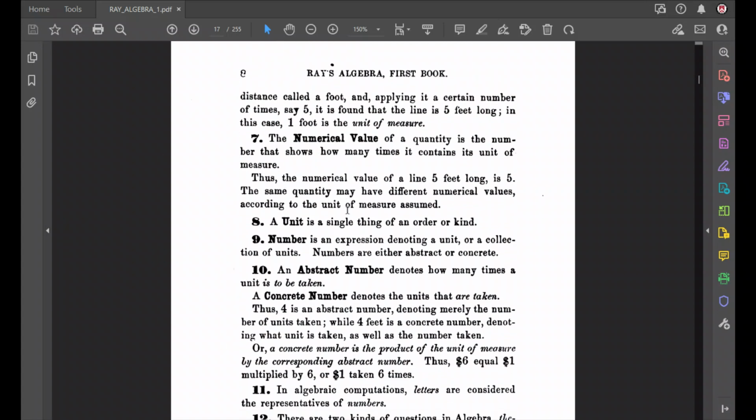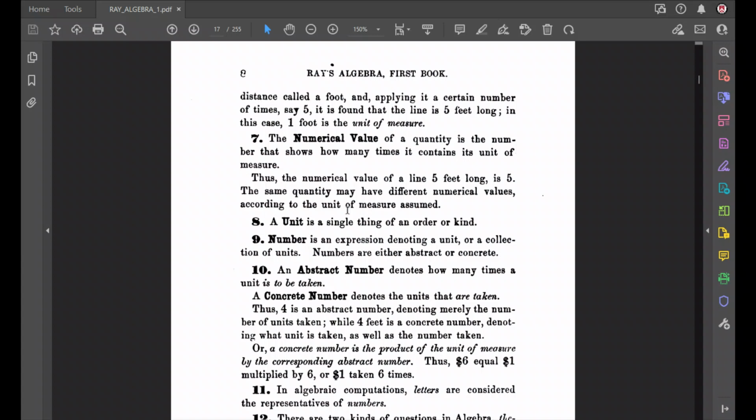We then talked about the numerical value of a quantity, and we said the numerical value of a quantity is the value of a quantity with its units taken away. The numerical value of a quantity is the number that shows how many times the unit is taken.